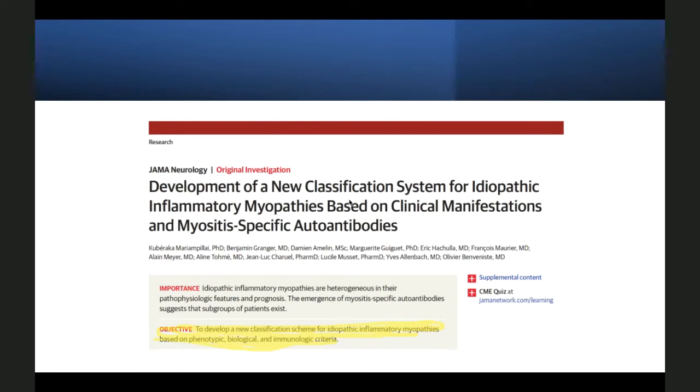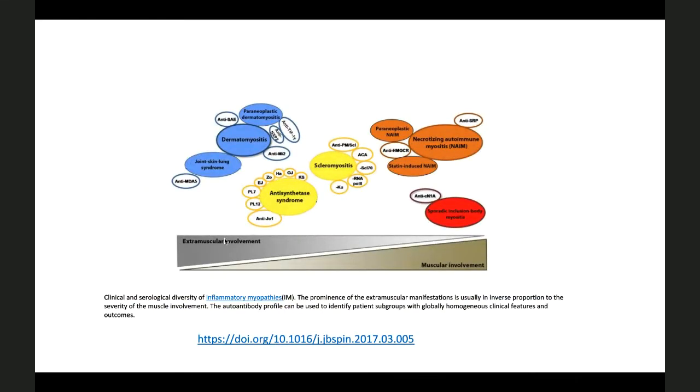But I don't think we still do biopsies, but this was their classification, and they had this kind of pictorial depiction of different kinds of entities, and as you can see over here, dermatomyositis and antisynthetase will have extramuscular involvement as compared to necrotizing and inclusion body myositis. It's more of a muscular involvement. But again, this is not absolute, and we still do the biopsies even here.